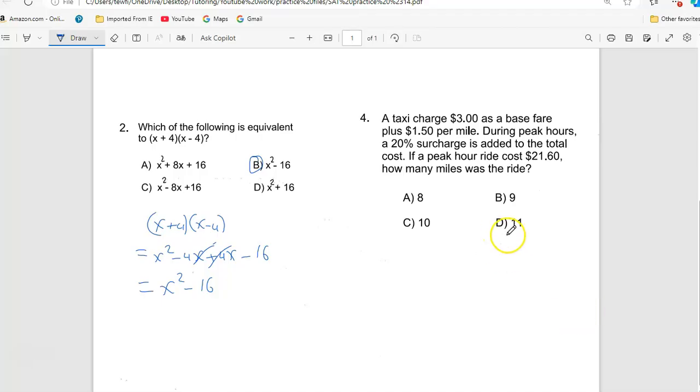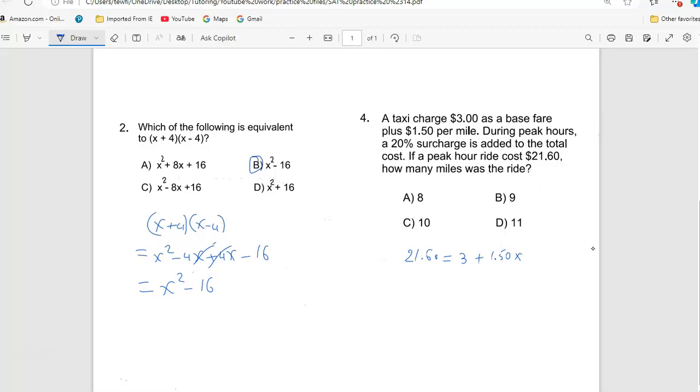Alright, so let's go over it. What is the total cost? The total cost is $21.60. That comes from the $3 base fare plus $1.50 for each mile. So multiply by x number of miles.